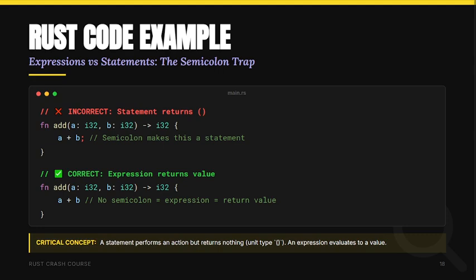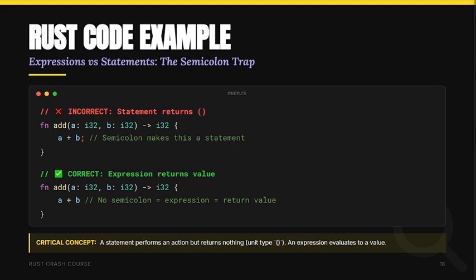In the incorrect version, we have a + b with a semicolon. The semicolon turns it into a statement which returns nothing. But our function signature says it should return an i32. The compiler will reject this with a type mismatch error.